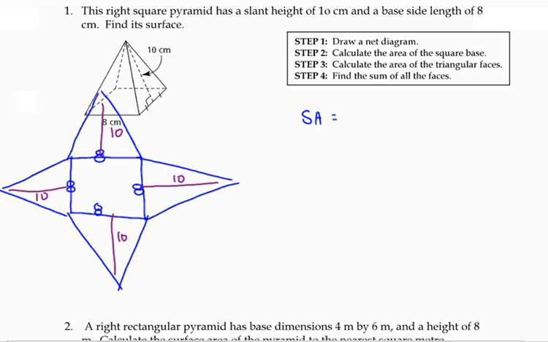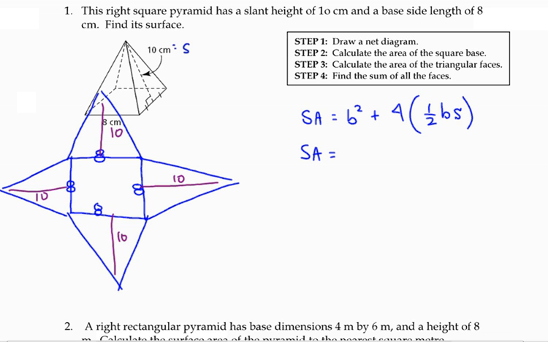Our formula for this shape is the area of the base, which is a square, so we can leave it as length times width or base squared, plus we have 4 triangles, so it's 1/2 times base times slant height. Because this is our slant height, it's just different than H, the vertical height of the shape. Okay, so let's fill it in.